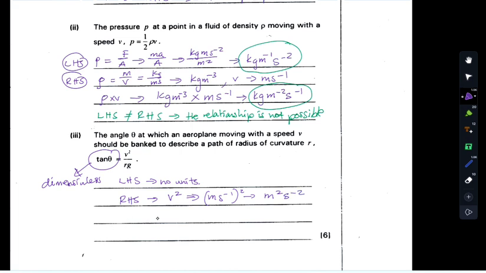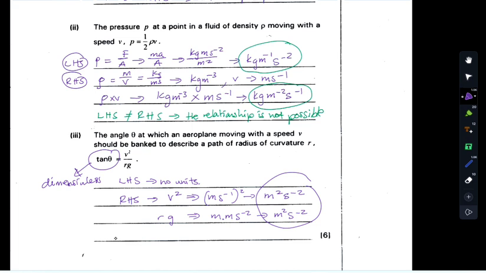Underneath we have r and g. R is given by meter, and g is acceleration, gravitational field strength, so that's meters per second squared. This is a product, so multiplying those two gives meter squared and then second squared. Now these two are dividing each other. When you divide m squared and s squared, they cancel out and give us 1.